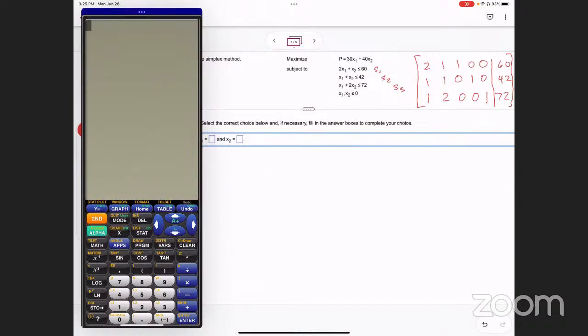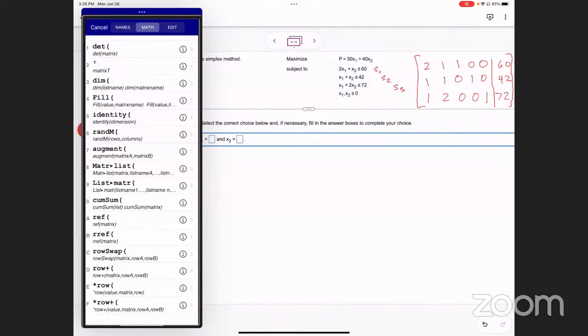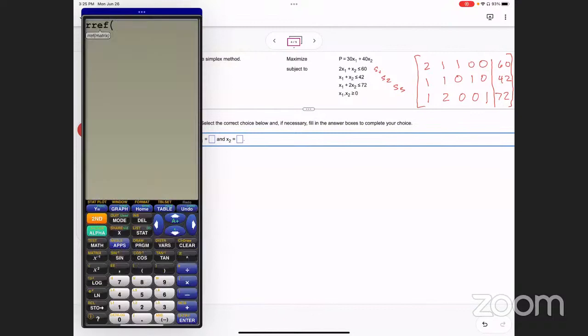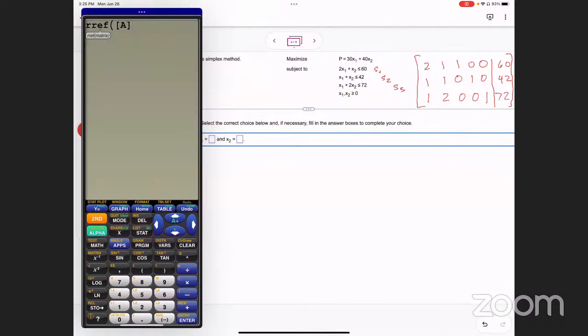Then go to matrix, go to math, find rref, and then go back to matrix again. Find matrix A, click on matrix A, and then hit enter. And it gives you the answer.